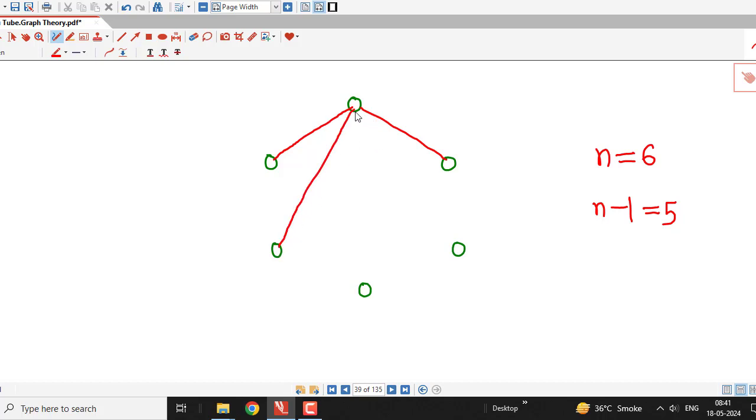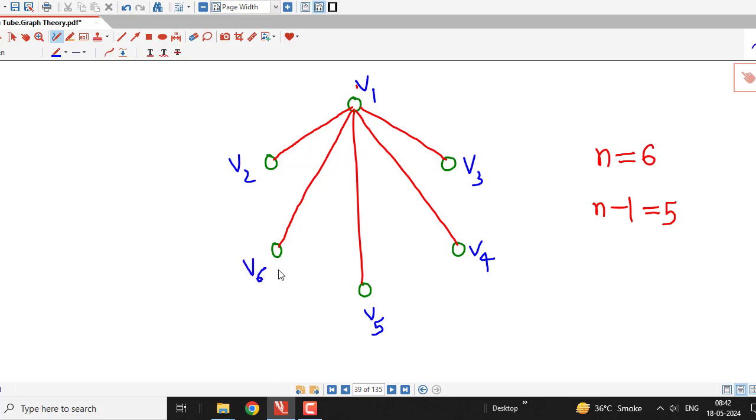So 1, 2, 3, 4 and 5. So there are 5 edges at this vertex. Suppose we denote the vertices by V1, V2, V3, V4, V5 and V6.